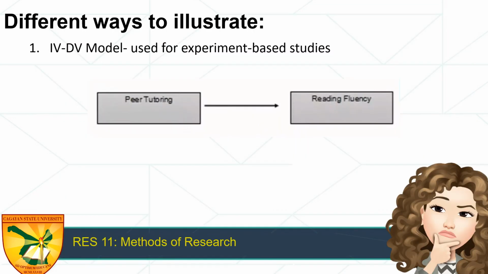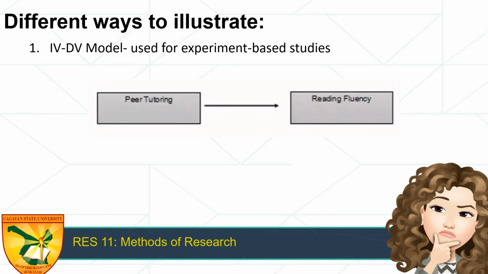So there are several ways to illustrate your research paradigm, but I've only included here three that are usually used for college students. So we have here the first one, your IV-DV model, or your independent variable-dependent variable model, which is usually used for experiment-based studies.